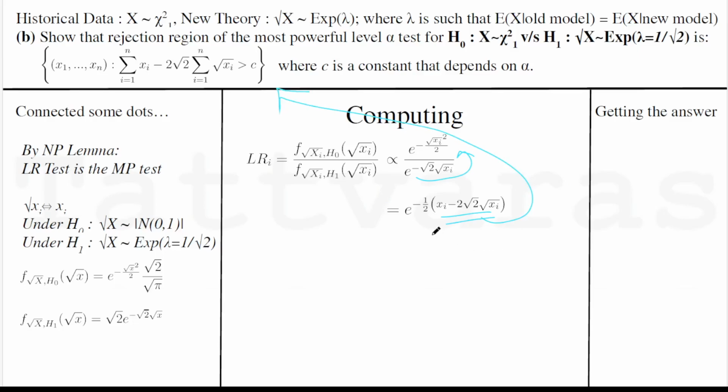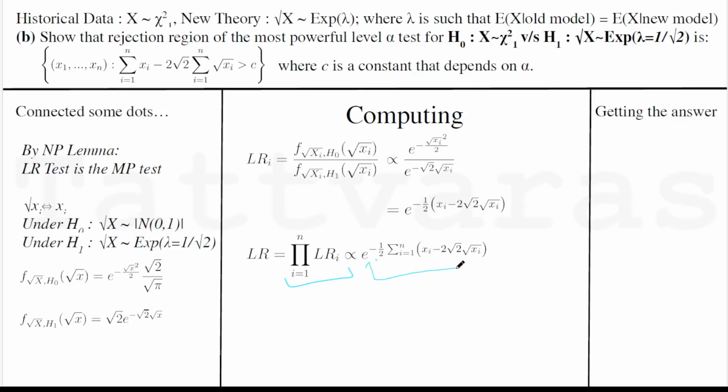And this is the point when, perhaps you can see the future, how this is going to connect to this. But still, let's proceed. So that was the likelihood ratio for one observation. For multiple observations, it's the same as multiplying the likelihood ratios for individual observations, because we have independence of observations over here. And then the likelihood ratio is going to be proportional to this.